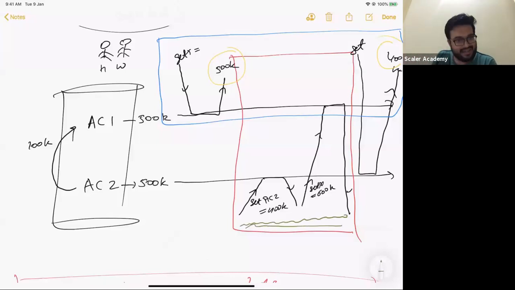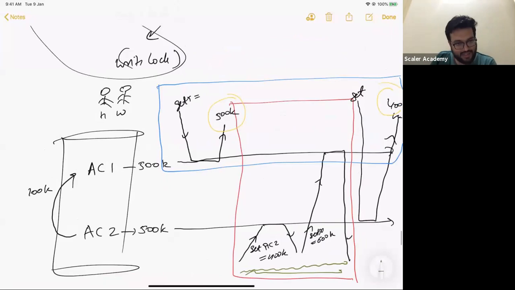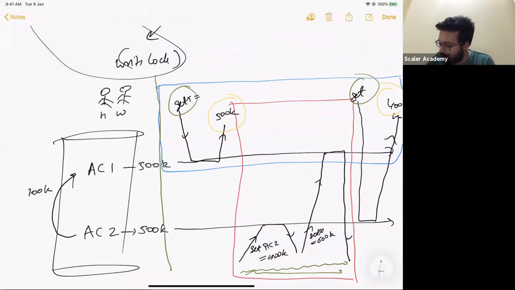Nothing changes for this transaction, but for this transaction, I am doing two reads. The guarantee that I'm giving you now is that whatever you read will be read based on the time that you saw at the beginning of the transaction. So this transaction was beginning at this time interval. This get will also give you the data which was present at this time interval.